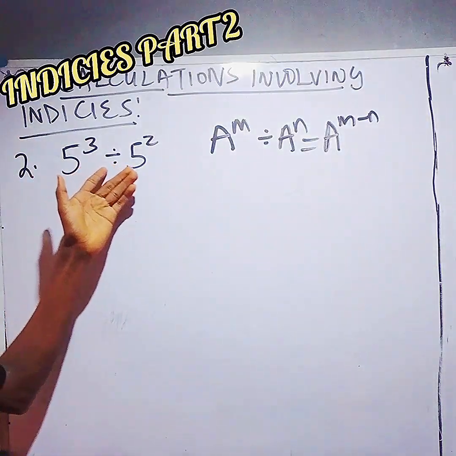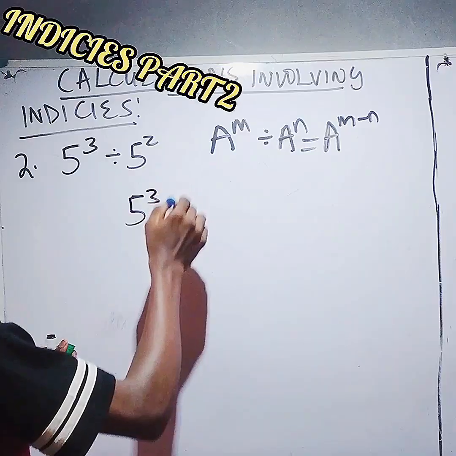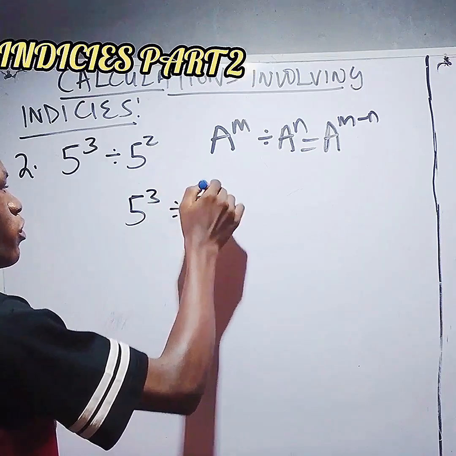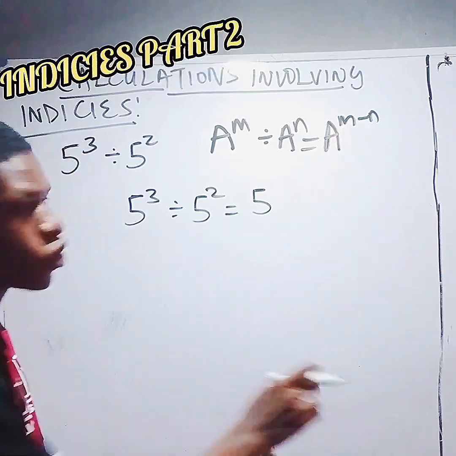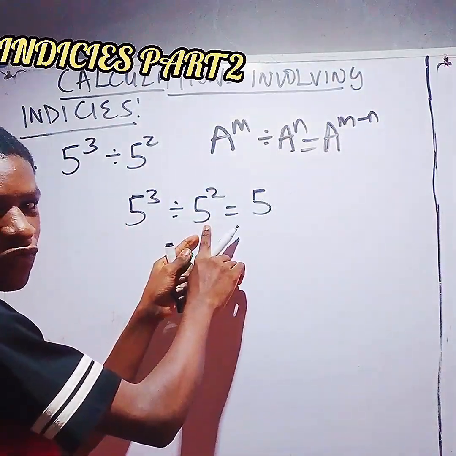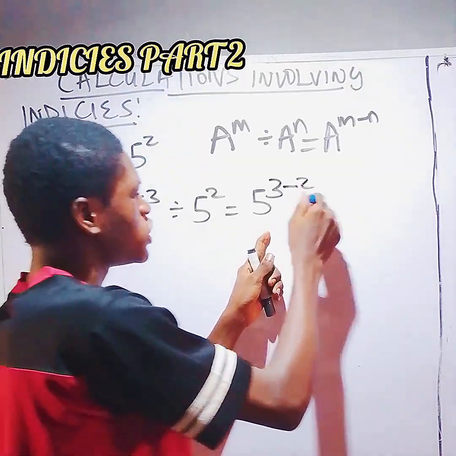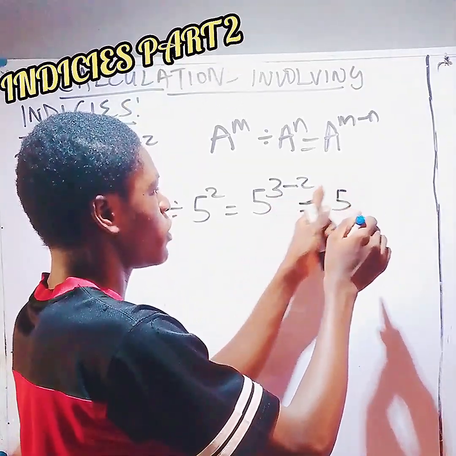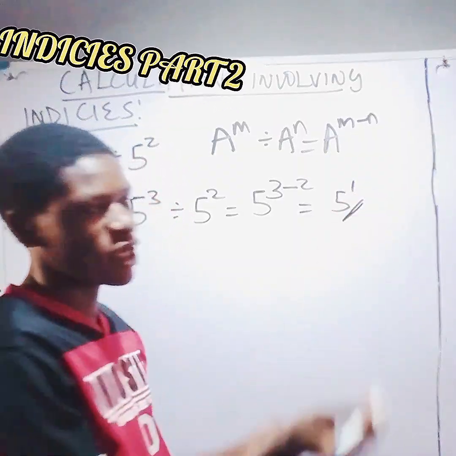So what will I be having? 5 to the power of 3 divided by 5 to the power of 2 is equal to 5 to the power of, they are dividing according to this law and they are the same, 5 and 5, so we have 3 minus 2, which is 1. So 5 to the power of 1, and I can end here as my answer.